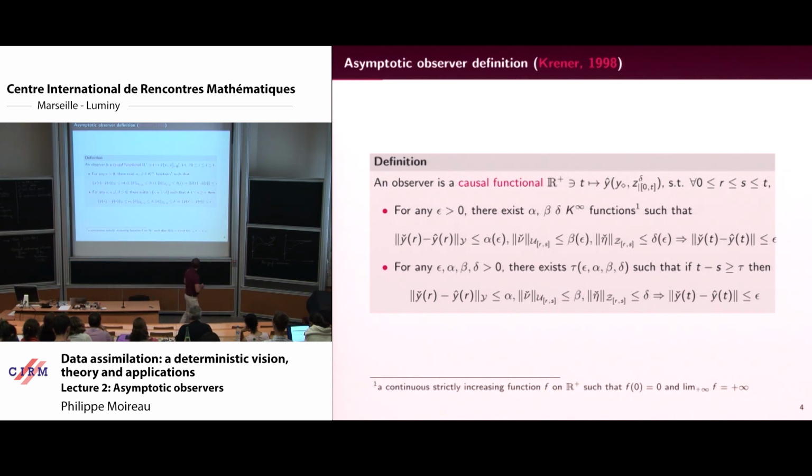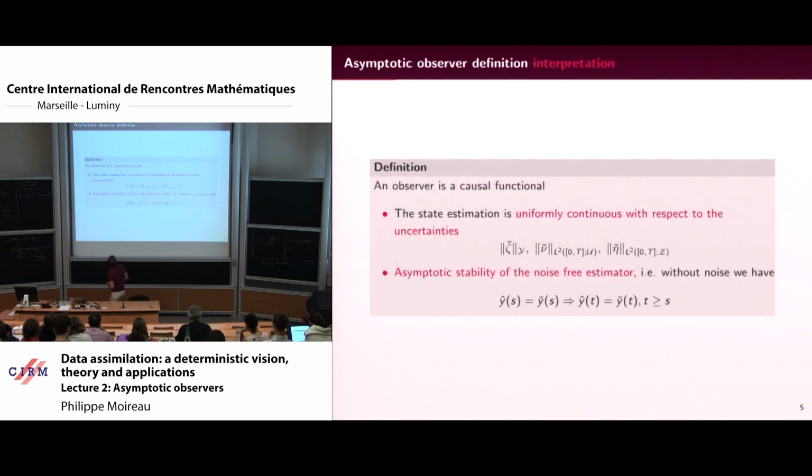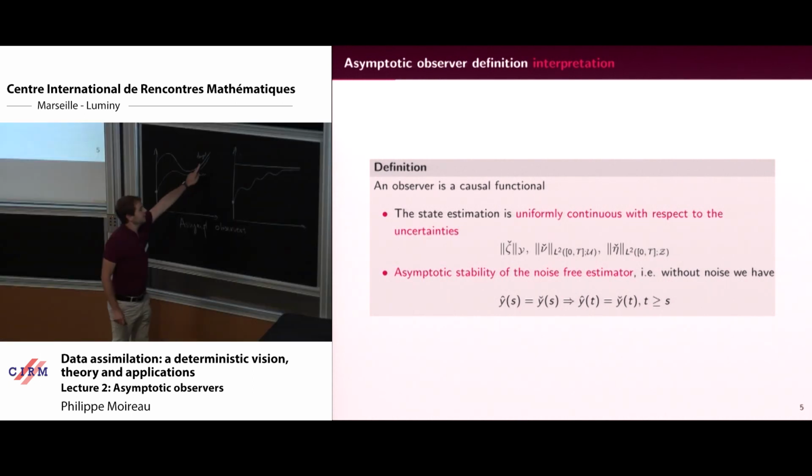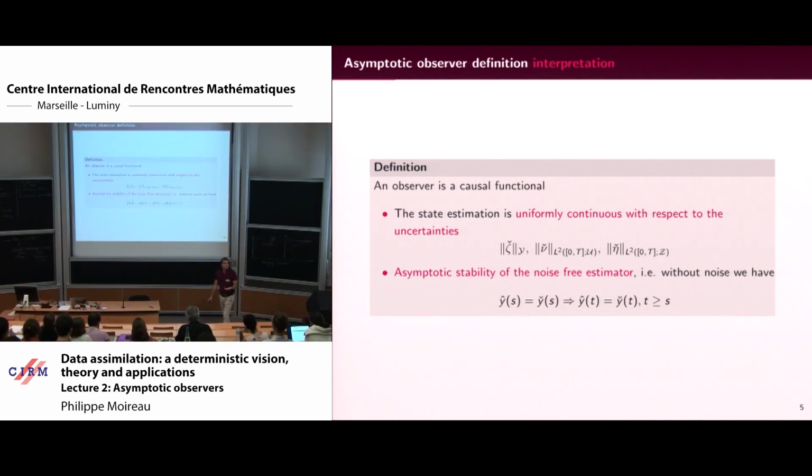And the second aspect is that this type of behavior, the asymptotic convergence, should hold when you don't have any noise, because the noise will be a perturbation of that. So what we say is that if at some point you don't have any noise in your observation, you should converge. And if you are on the exact trajectory, you should stay on it.